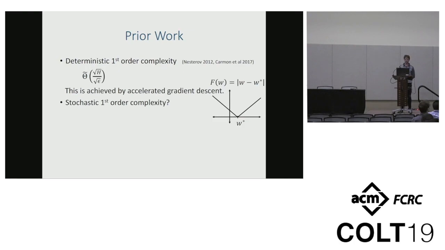So that's the answer for the deterministic case. What happens when we have stochastic function access? You'll notice that in the deterministic case, the optimal algorithm here is accelerated gradient descent, which is optimal both for finding an approximate stationary point and also for finding an approximate minimizer.